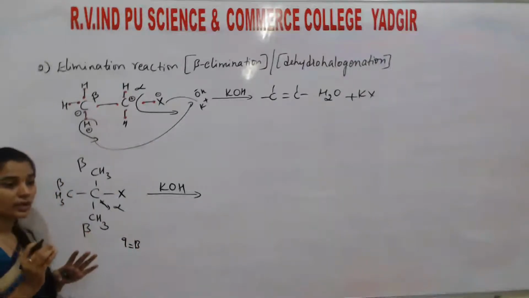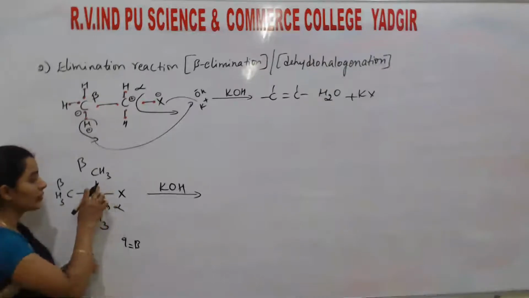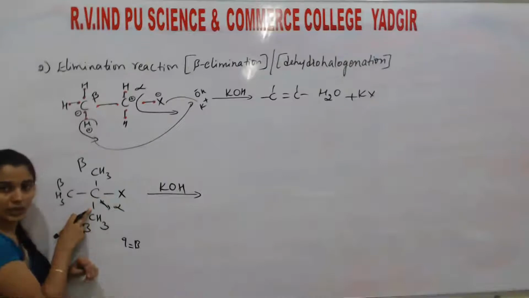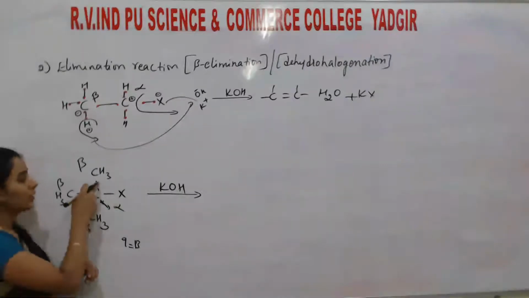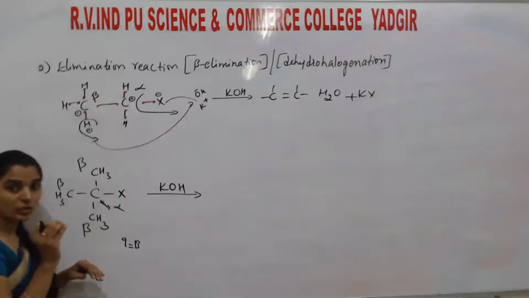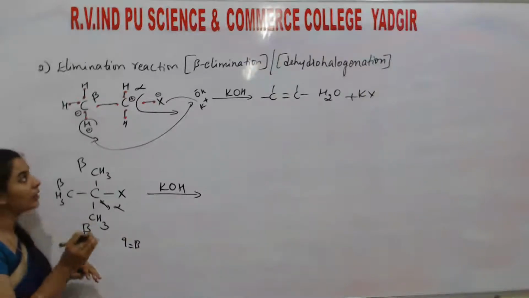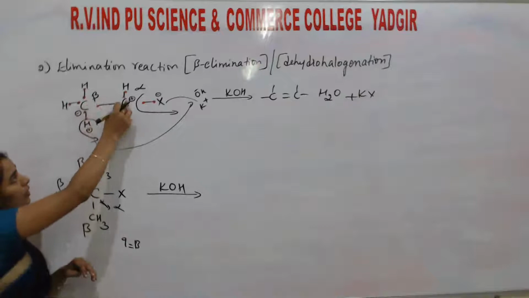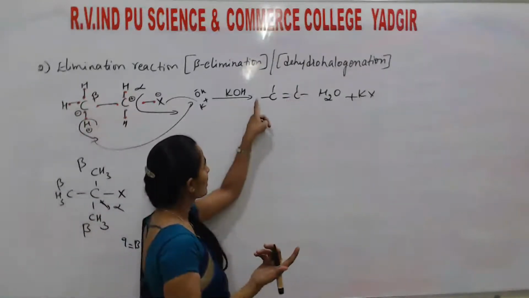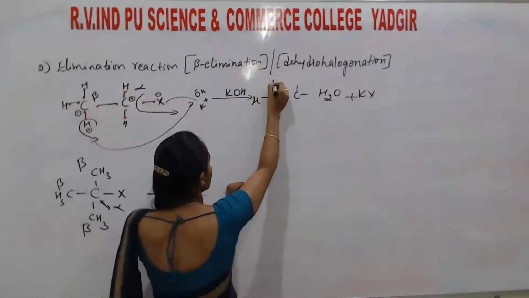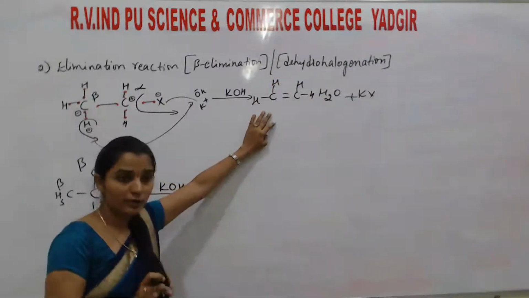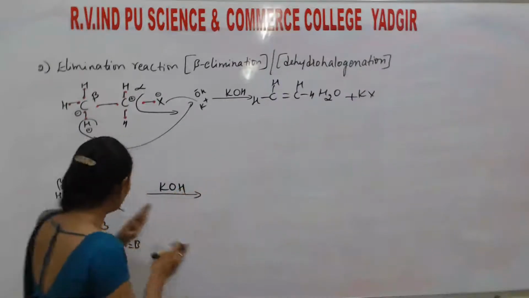There is a possibility of formation of a double bond here, here and here. That means they are involved in resonance. If any species shows resonance, it is highly stable. But here only one bond is there. It becomes like this. There is no possibility of resonance, here only hydrogen is there. But here it's not like that.